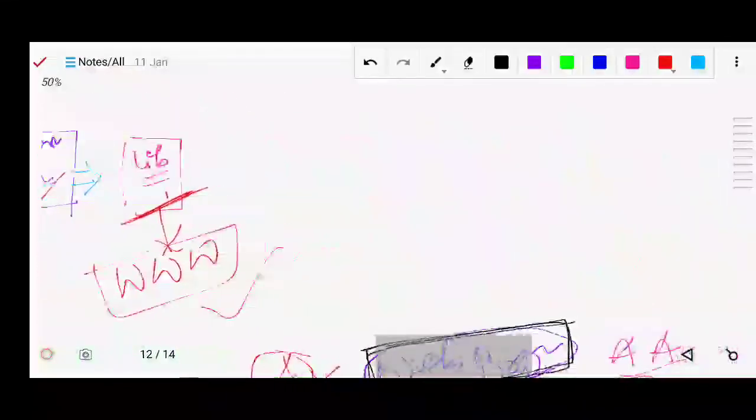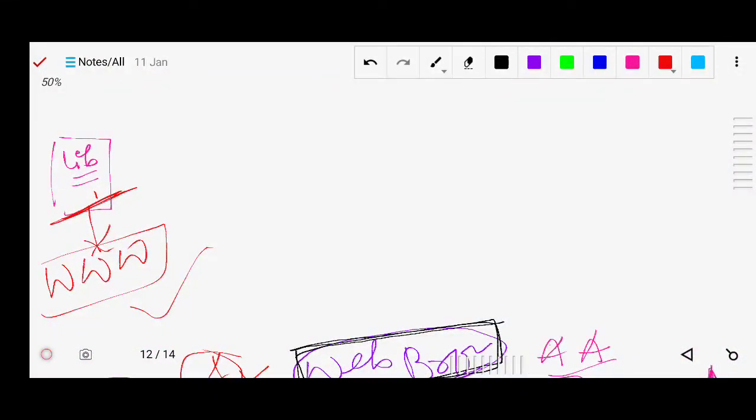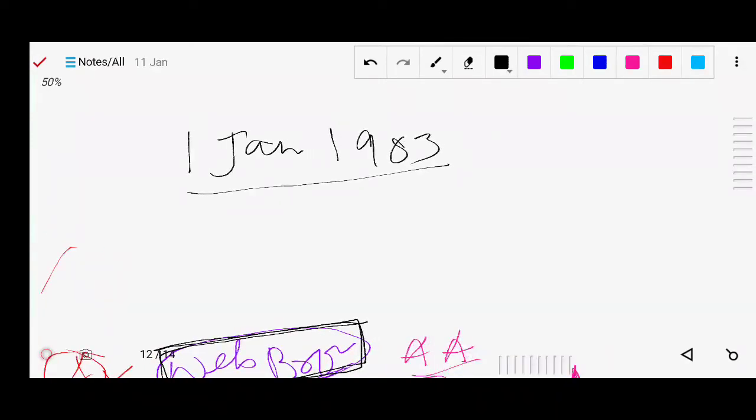And there is a history of this also. History means when the internet was started. So the first time in the world, on 1st January 1983, the internet was used.